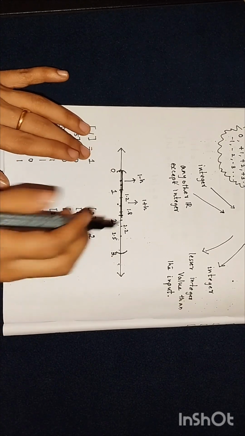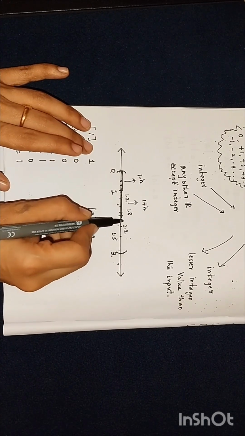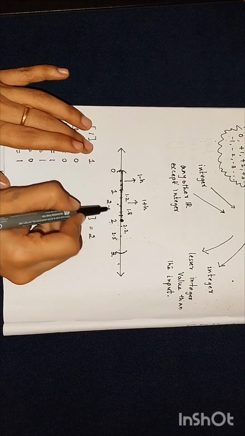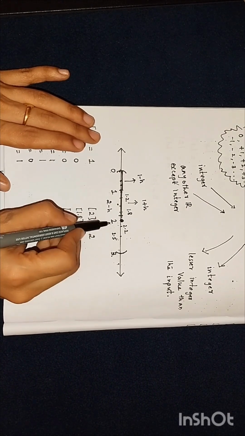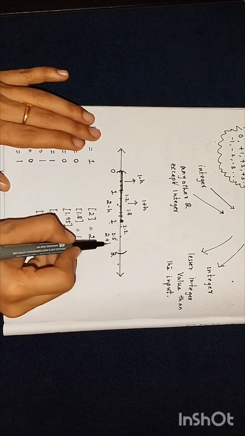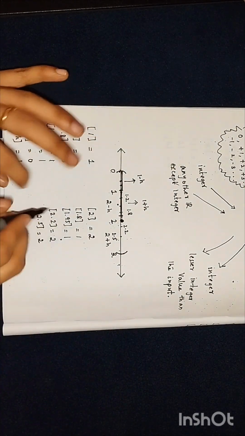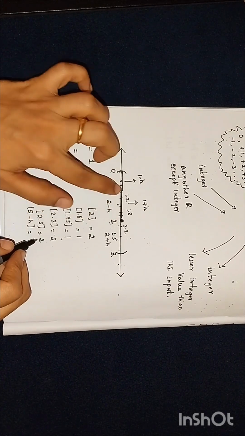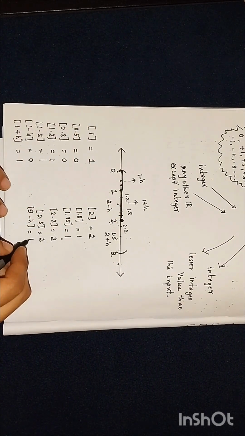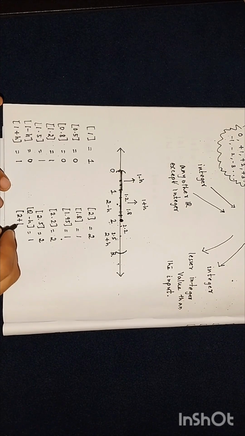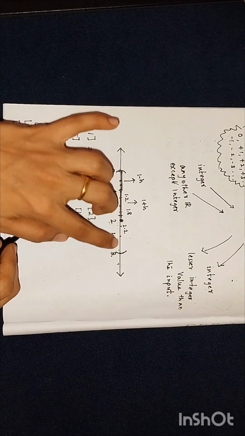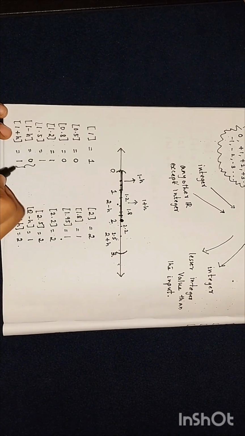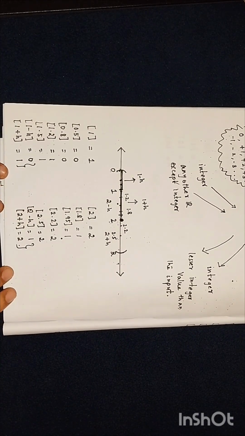So what we can analyze here: if you select the number 2, all the numbers lesser than 2 can be represented as 2 minus h, and all the numbers greater than 2 as 2 plus h. If you give the input 2 minus h, the output will be 1. And if you give 2 plus h, which is greater than 2, the output will be 2. We are going to use this in both the cases.